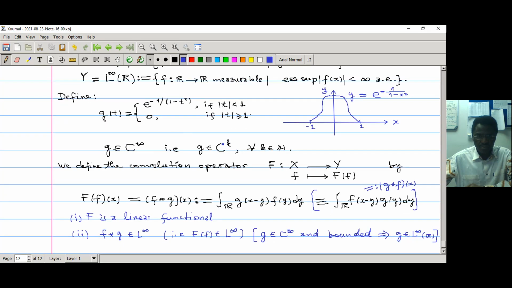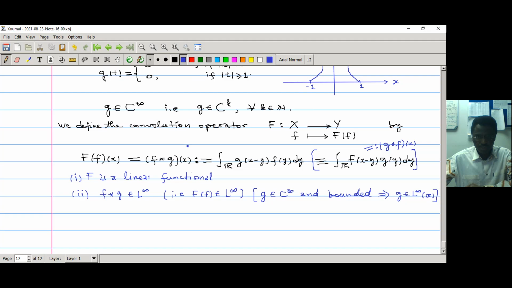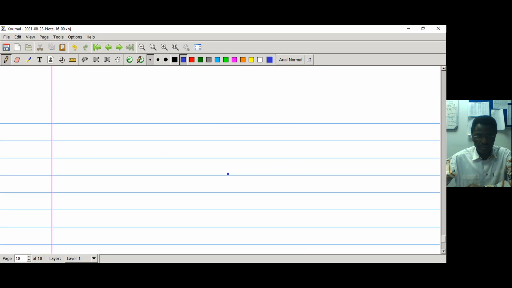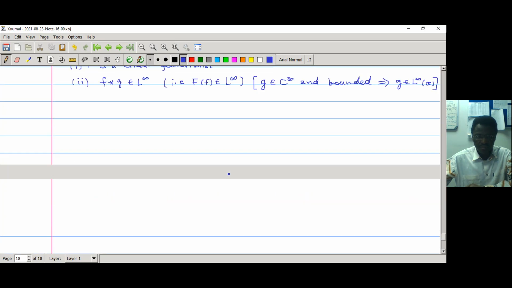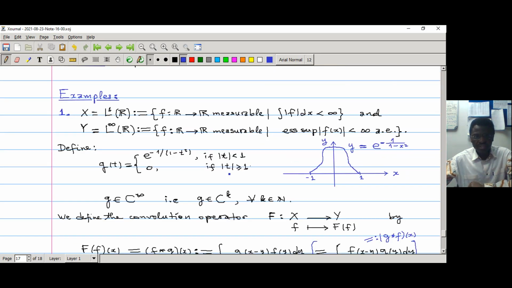I try to quickly reproduce this. Let me open a new slide, so that I can easily move from this to the next. Okay, so I tried to write the definition of L1, which you assume to know already.